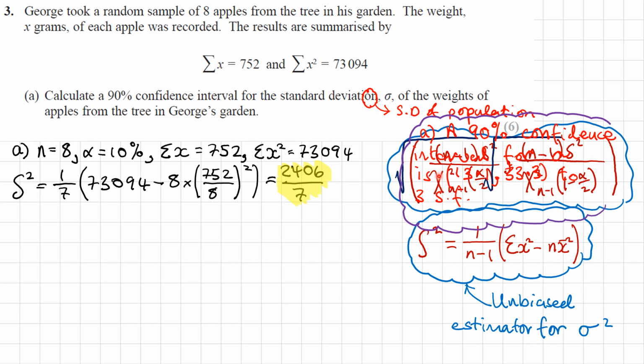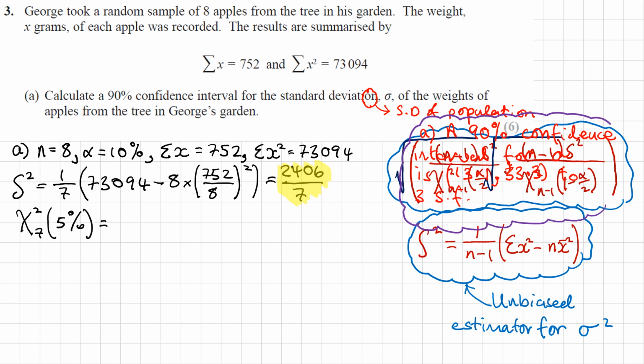Next we have some chi-squared values to look up. So let's start with the first one. The number of degrees of freedom is going to be n minus 1, which is 7. And the first one we're going to look up is going to be alpha over 2, so 10 over 2, so that's 5%.